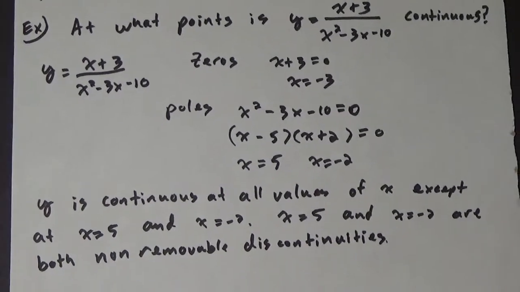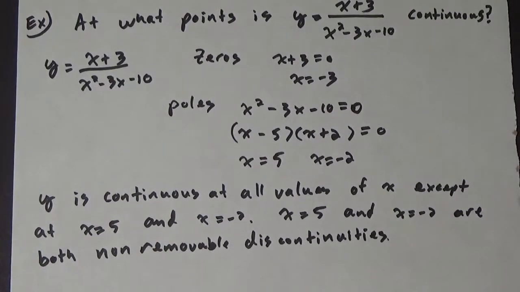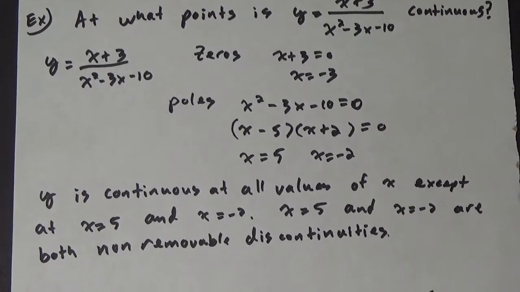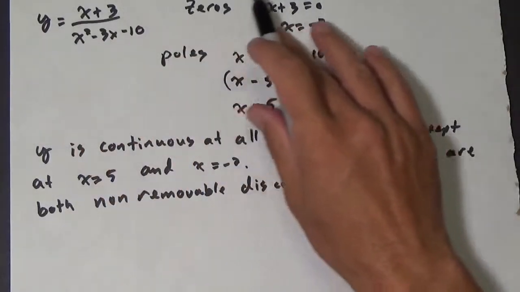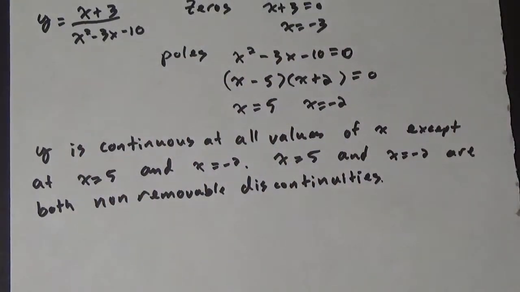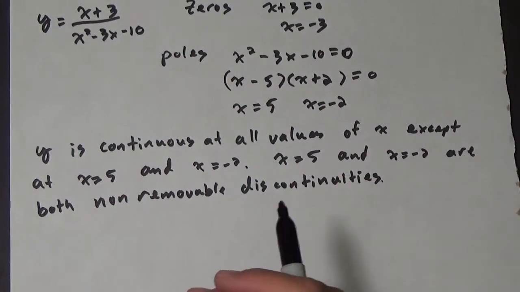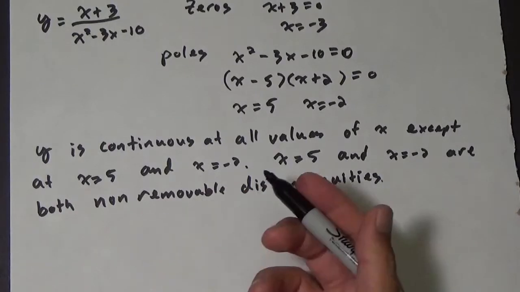Okay, so there is an example. One thing I also want to note is that, on the AP test or something, when they say at what points is this continuous, another way to write it is using interval notation.